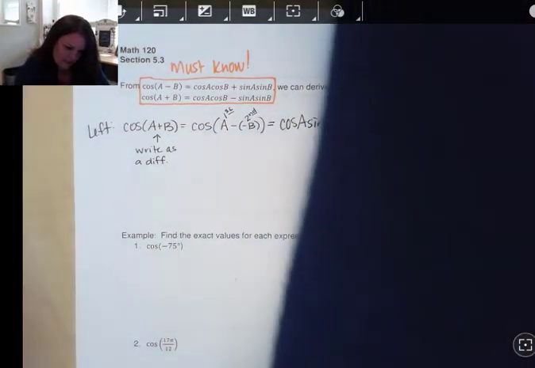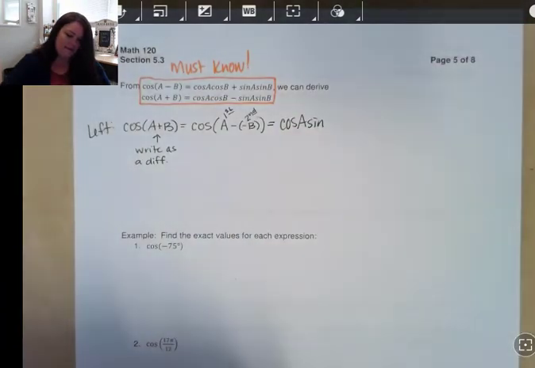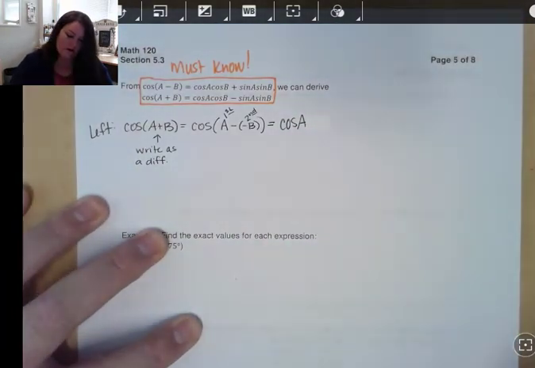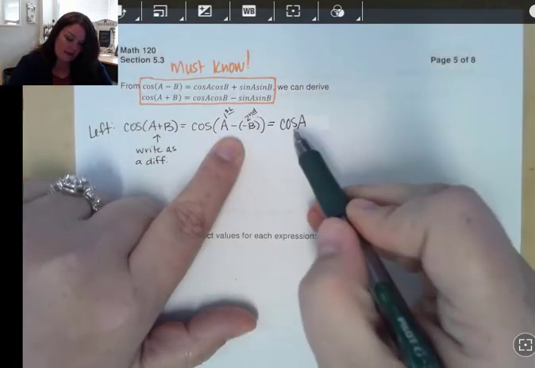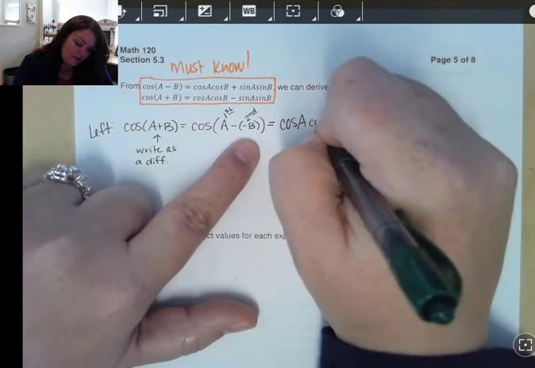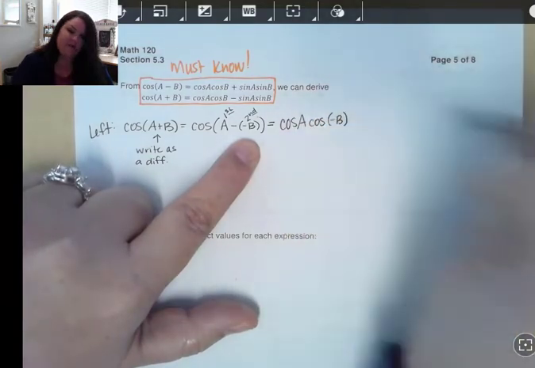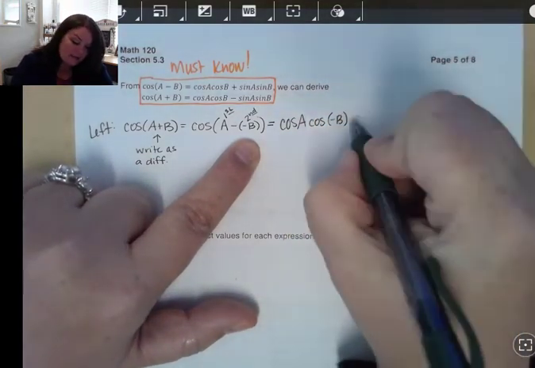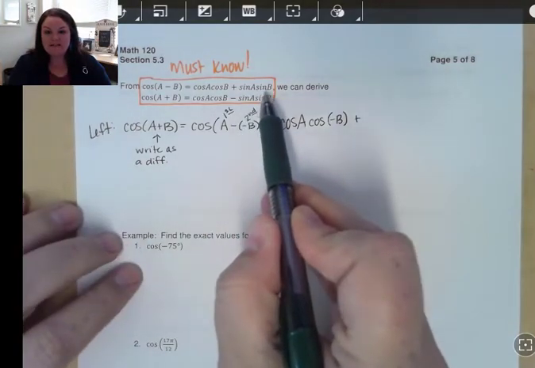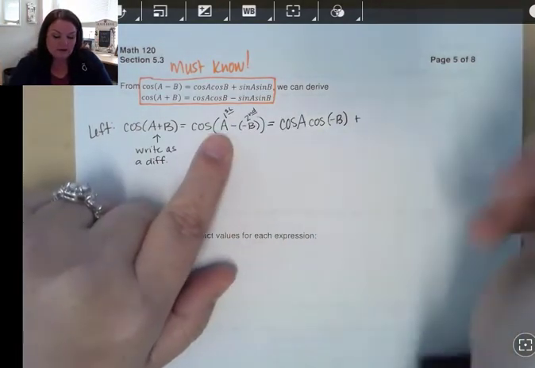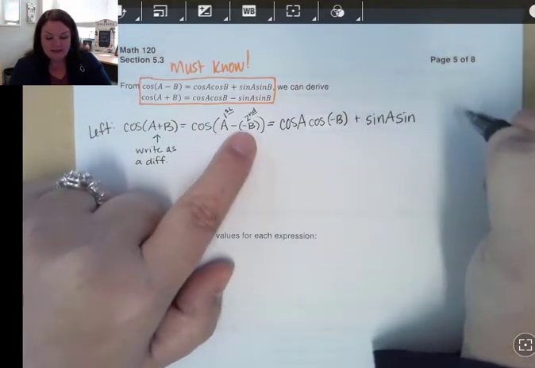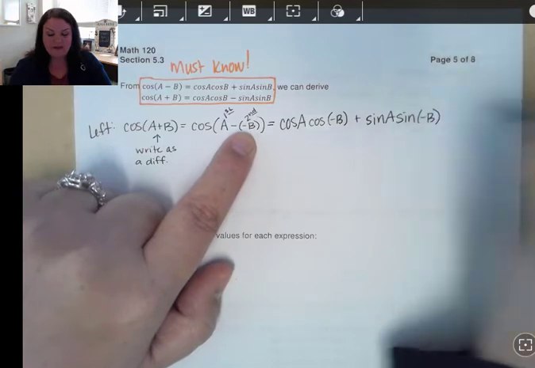I said cosine and I wrote sine. Silly me. All right, so we have cosine of the first angle and cosine of the second angle, and the second angle is negative B. Plus, now it says to do sine of the first angle times sine of the second angle. So sine of A, sine of my second angle, which is negative B.